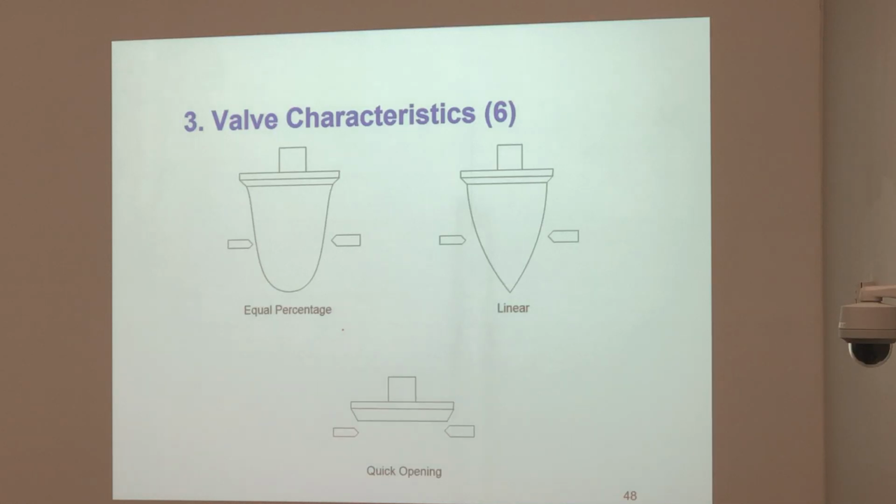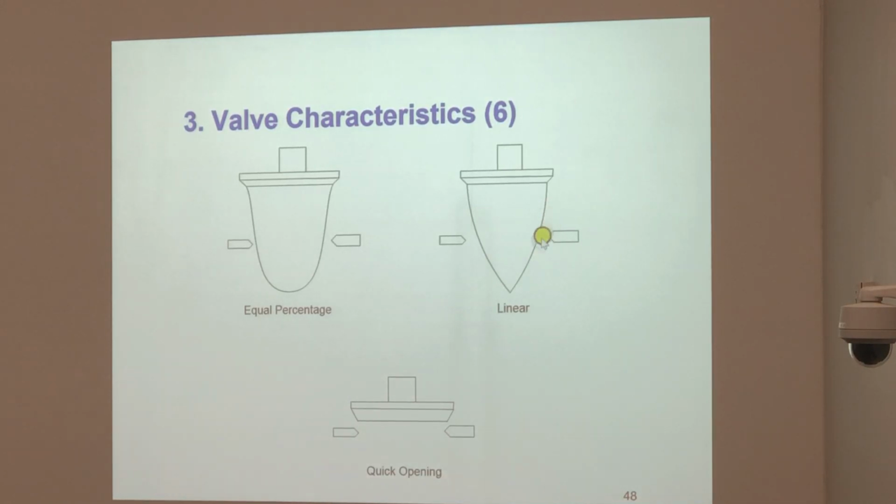You need to do some study or research to really link the flow to it. It's just to give you an understanding of what is equal percentage, linear and quick opening. The valve looks like this. The stem is on the top here. Sometimes the stem moves up or turns to a different position, and your valve will have a different opening.